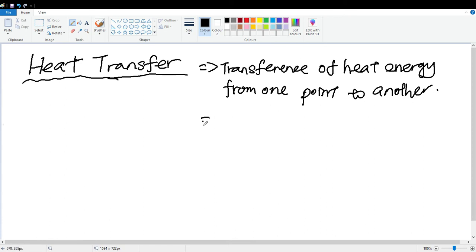And heat transfer can occur in three ways.